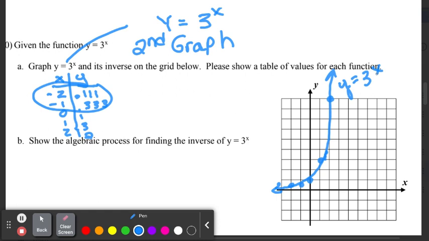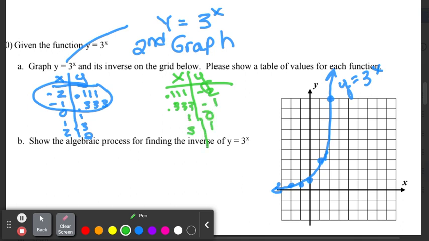If you wanted to do the inverse without going back to your calculator, you can just flip the x and y. So you would have 1/9 or 0.111, -2, 1/3, 0.333, -1, 1, 0, 3, 1, 9, 2. Running out of space.